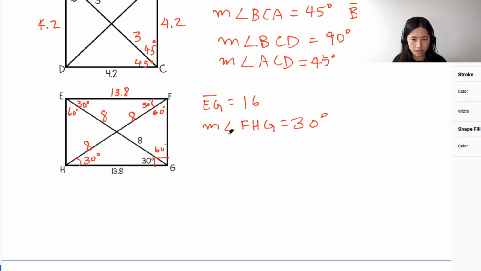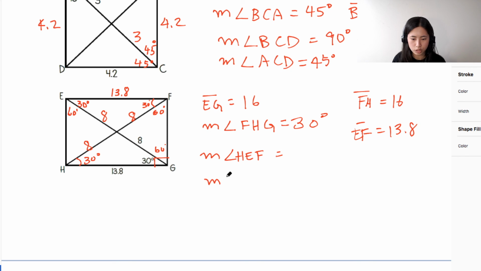And then line segment FH. So line segment FH is 16. And line segment EF. So EF is 13.8 over here. Okay, measurement of angle HEF.